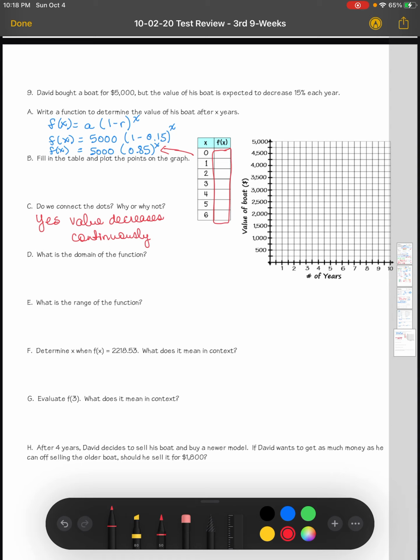So every day the value of that boat, because the boat is getting older and older every day. Each day the value decreases. So in this one we will connect the dots. You should be able to tell what the x values are for your domain. You should be able to tell the range of your y values.